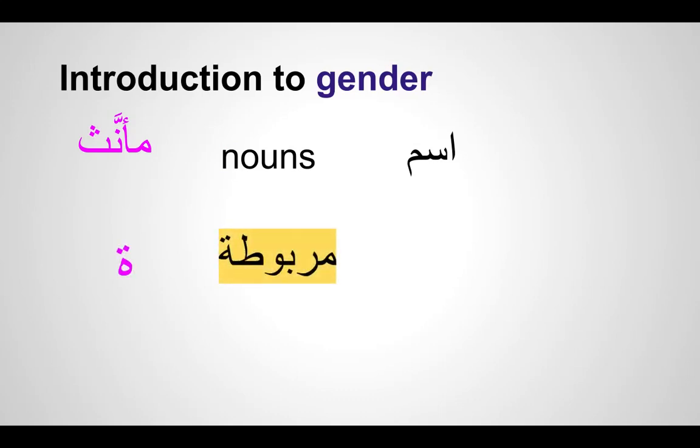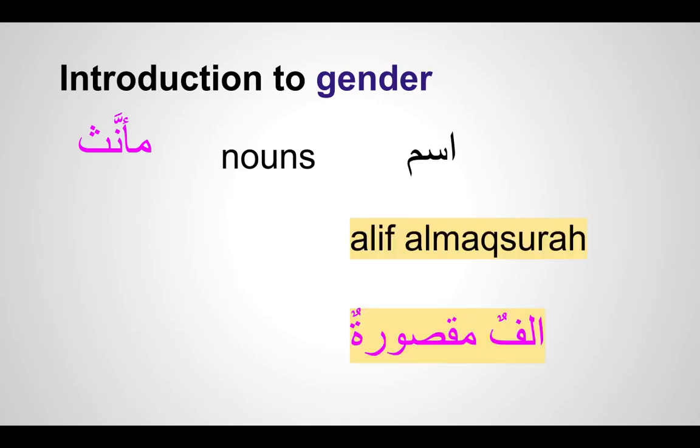So we learned that a feminine noun is made by putting a Taa Marbutah. There are two other ways you can recognize that a noun is feminine. If you see this letter, what is this letter called? It's called alif al-maqsoora. If you see this letter at the end of a noun, then that is also a feminine word, mu'annas.